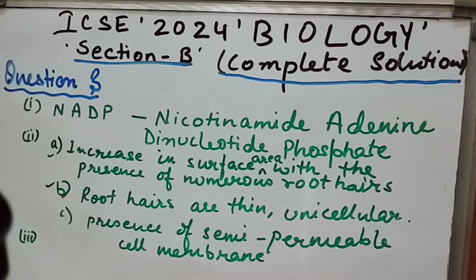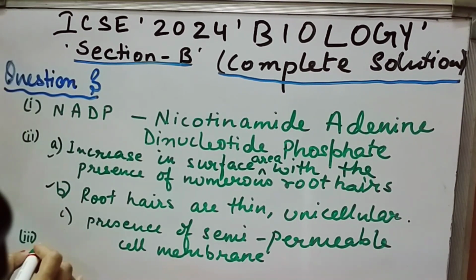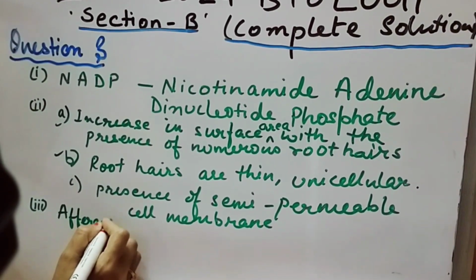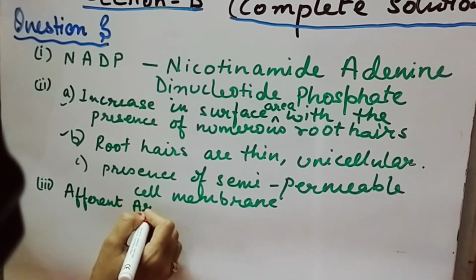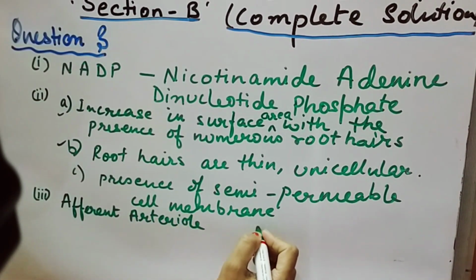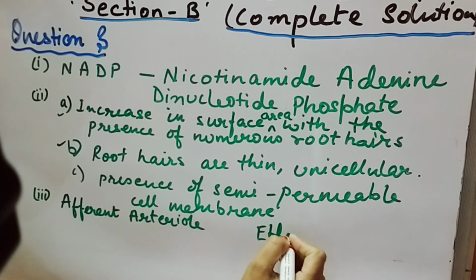The third question, differentiate between afferent arteriole and efferent arteriole in concern with the diameter. That's very easy. This is a question of the excretory system. Afferent arteriole and efferent arteriole.